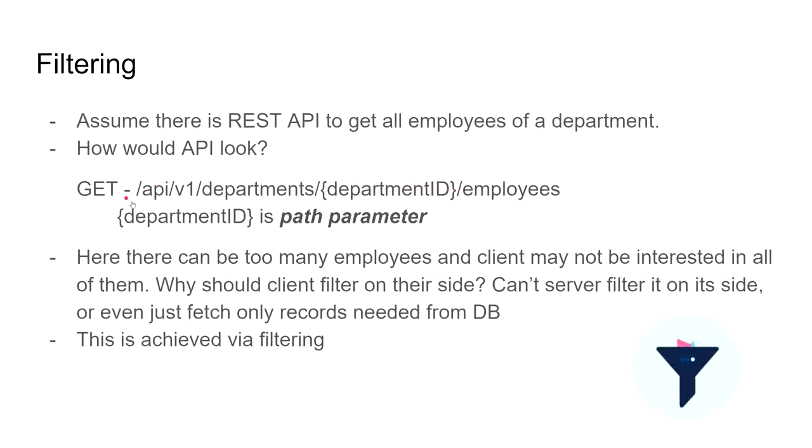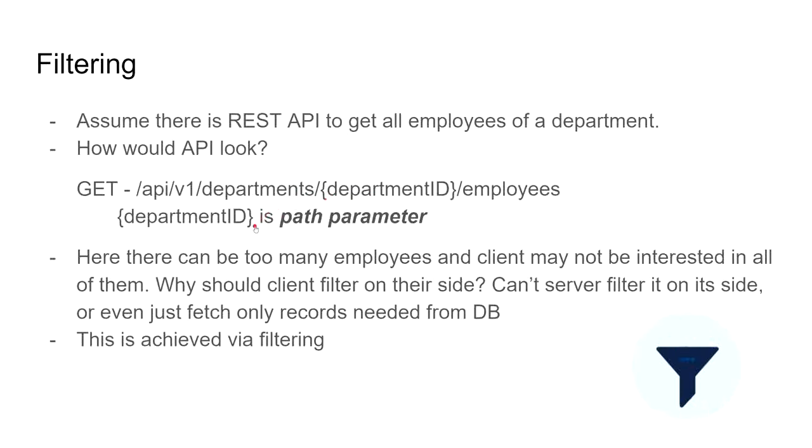How would the API look? It would be like API v1 departments, department ID. So for this department you are asking for all the employees, right? This department ID is called a path parameter because it would be varying based on different calls, and as it is a part of the URI path, it's called a path parameter.